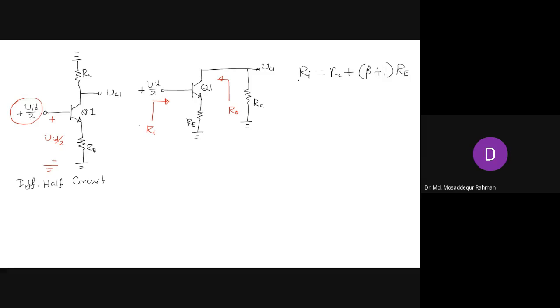The output resistance will be small r naught multiplied by the factor 1 plus gm times R pi in parallel with Re. Both input and output resistance get a high value. And then the voltage gain, the differential voltage gain in this case.